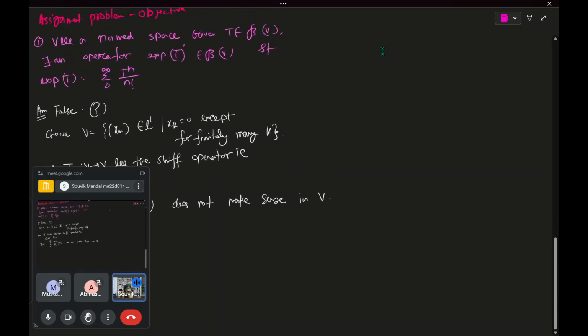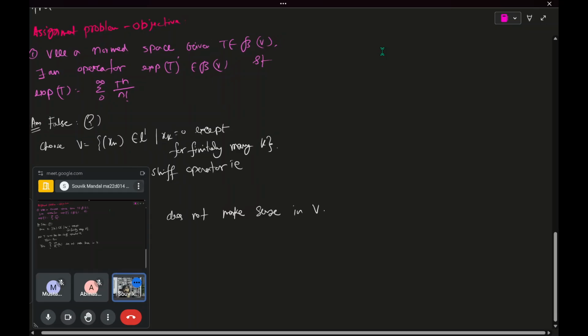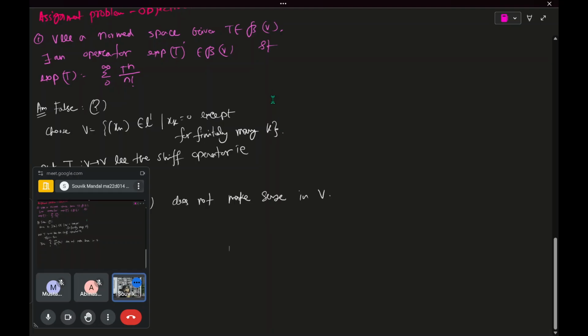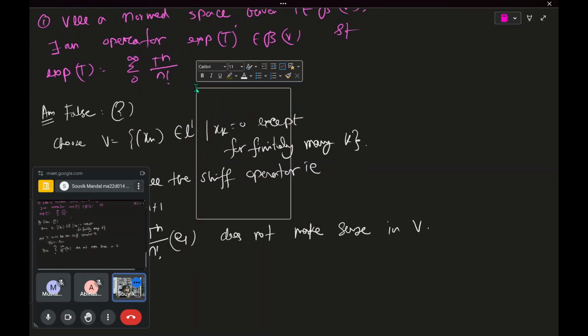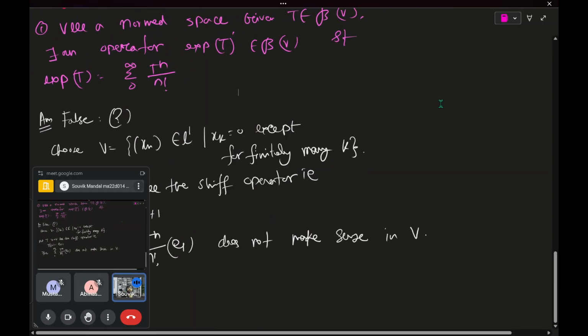The question was that suppose V is a normed space and suppose T belongs to the bounded linear operators on V. Now the question is whether there exists an operator exponential of T which is bounded linear, so that exponential of T is equal to the summation from 0 to infinity of T to the power n by factorial n.